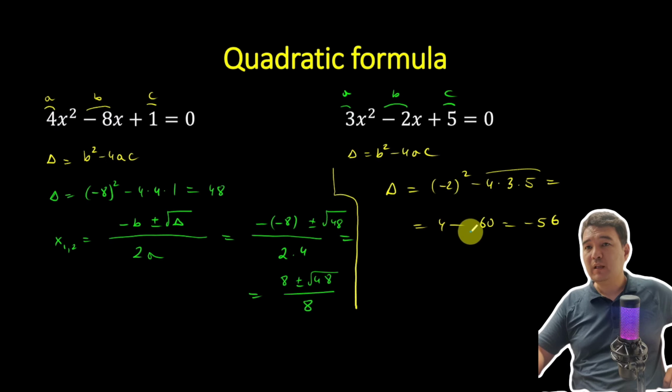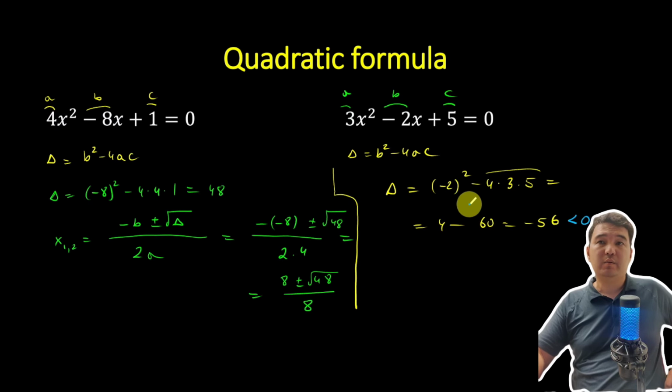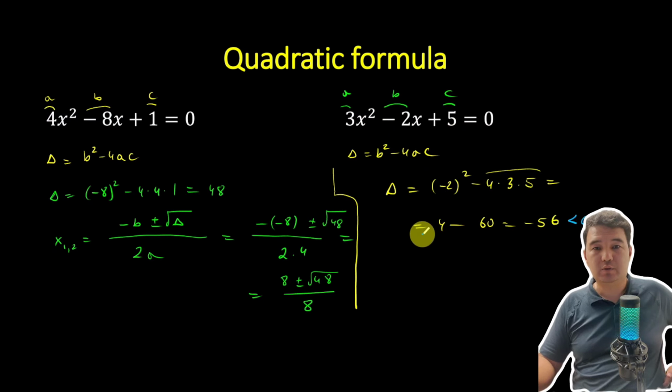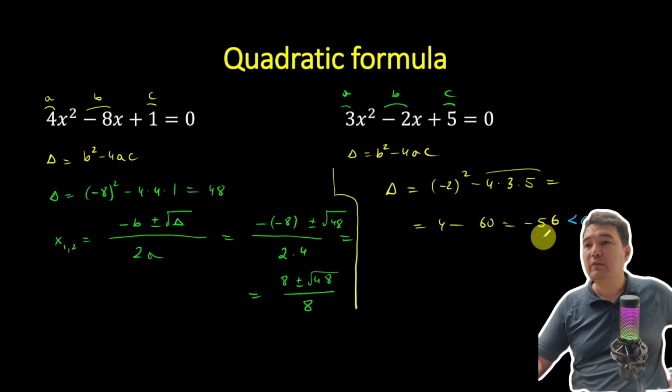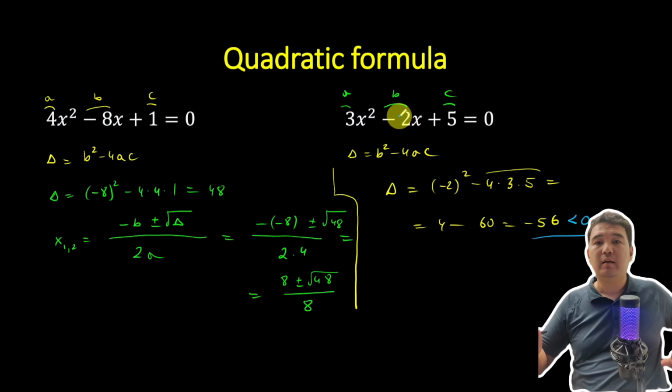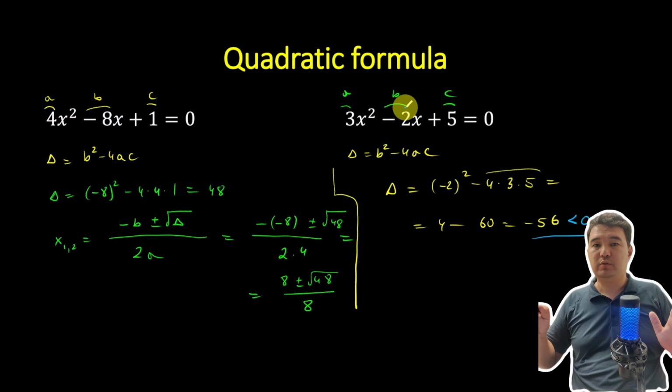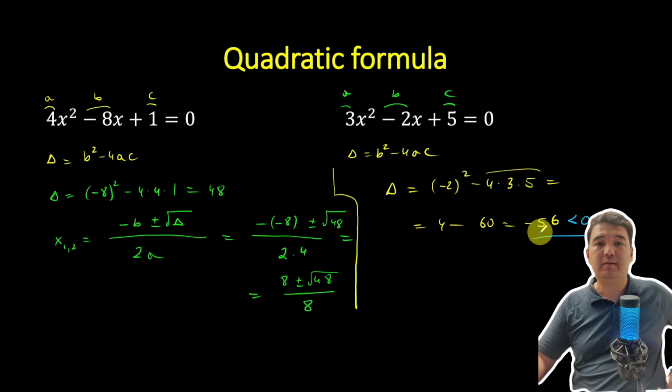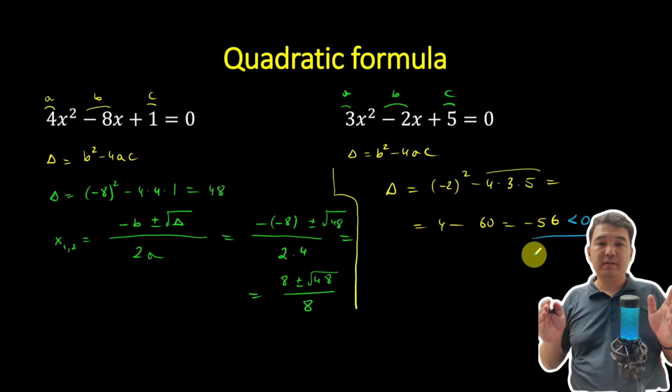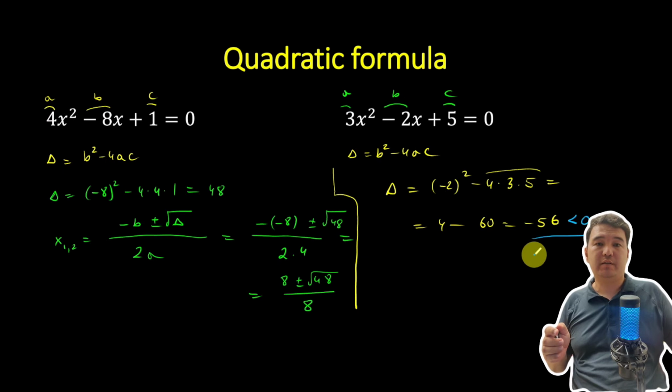So here the discriminant is a negative number. That means this quadratic equation has no real roots. So you can stop solving and say that this equation has no roots because the discriminant is a negative number. So this is it for quadratic equations for now. In the next video we are going to do more advanced types of problems.